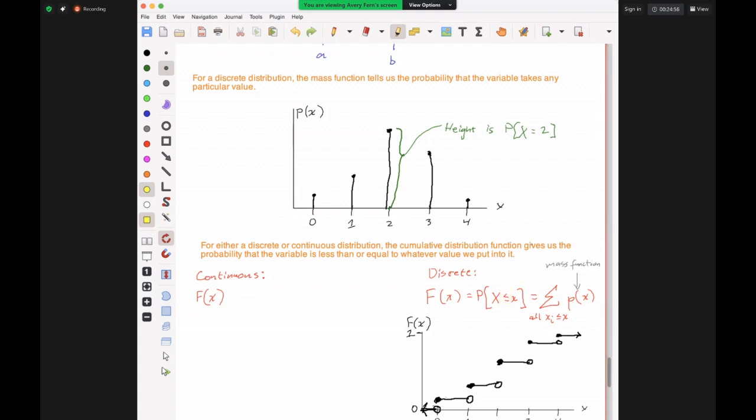So it's not the probability that x is equal to any particular value. It's the probability that it falls on the region going all the way from negative infinity to whatever we're plugging into the function. That's the difference there. Does that make sense? And this should here, sorry, this should be xi. So we're adding up all of these mass function values that are less than or equal to what we're putting into our CDF.